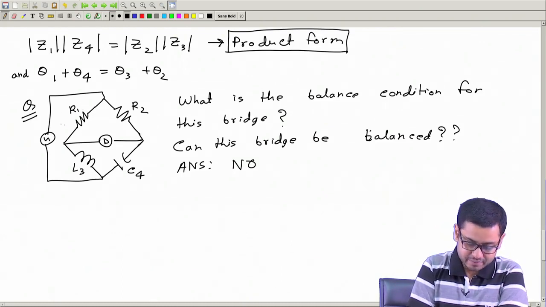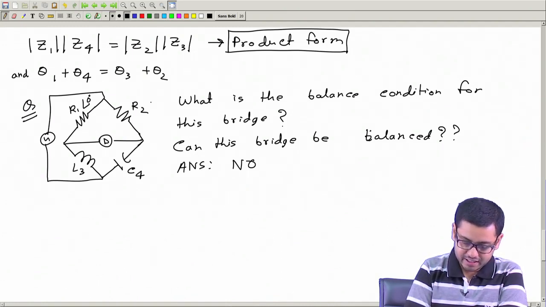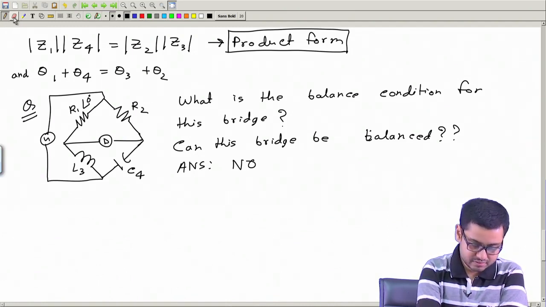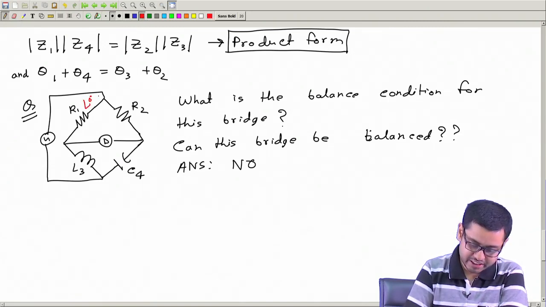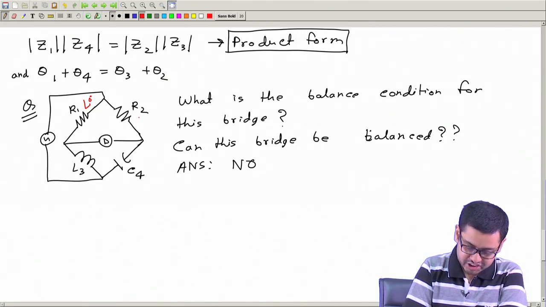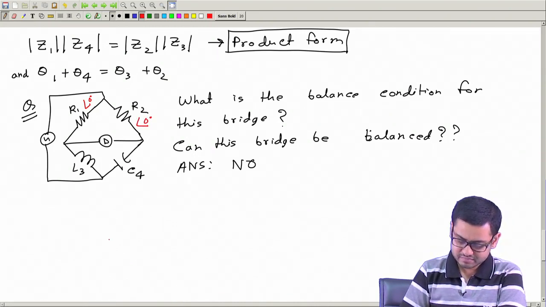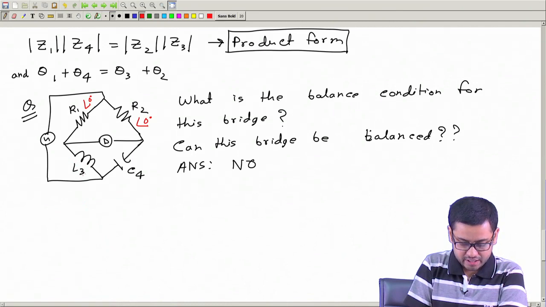Now, what is the angle here? The angle for a pure resistance is 0 degree. So the angle here is 0 degree, the angle here is again 0 degree. What will be the impedance angle for a pure inductor?